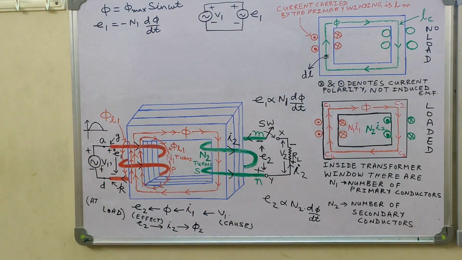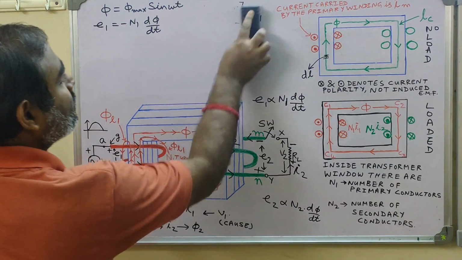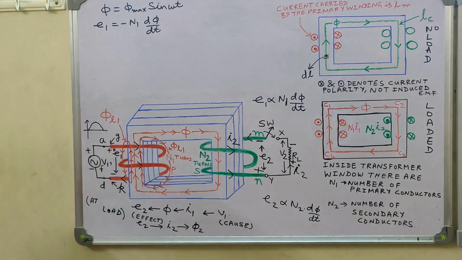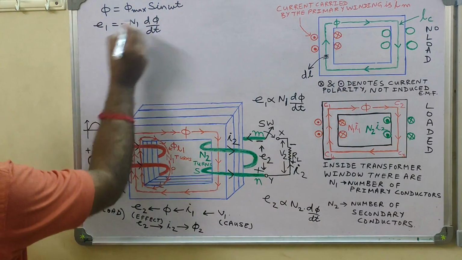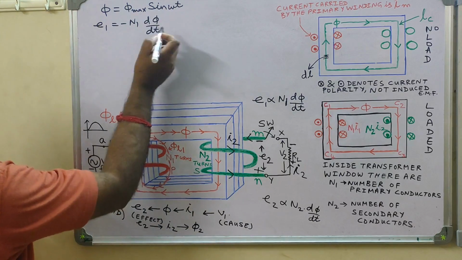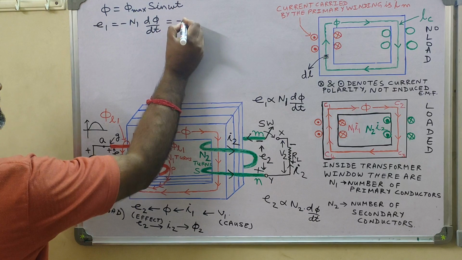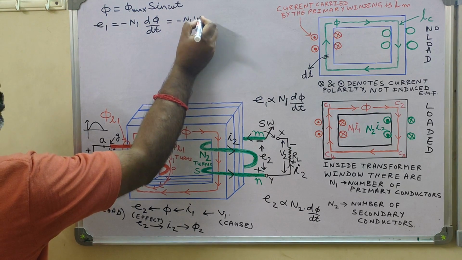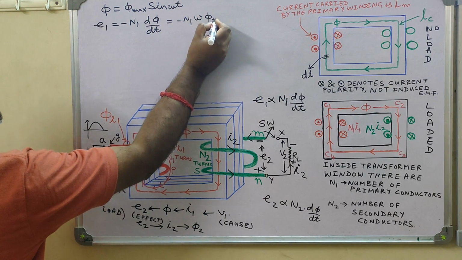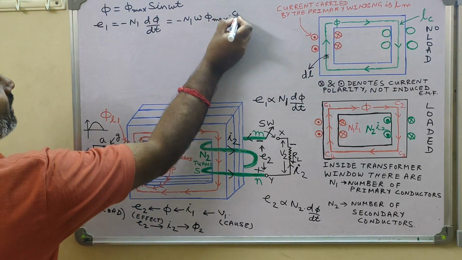Okay, so let me write this in quick succession. If you take the derivative, you get minus N1 omega phi max cos of omega t.